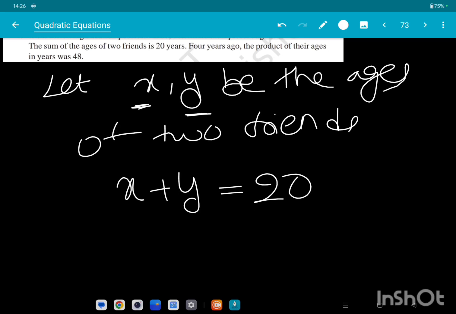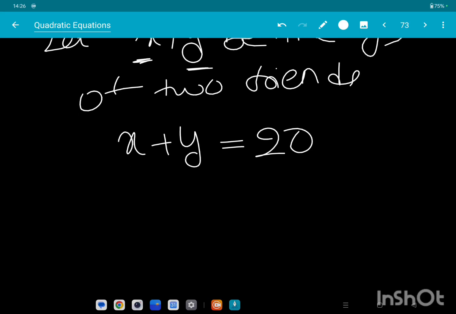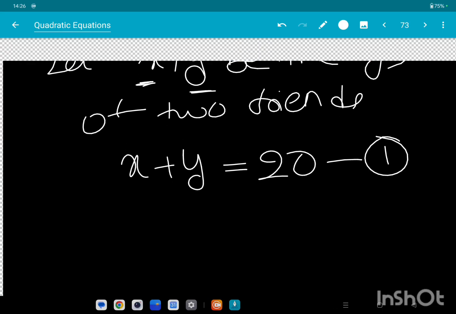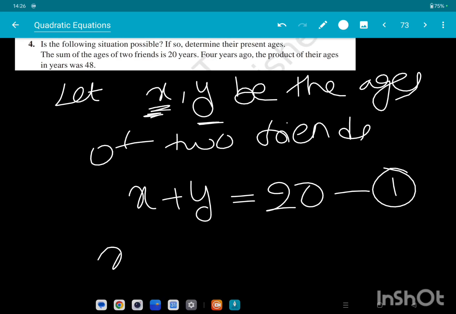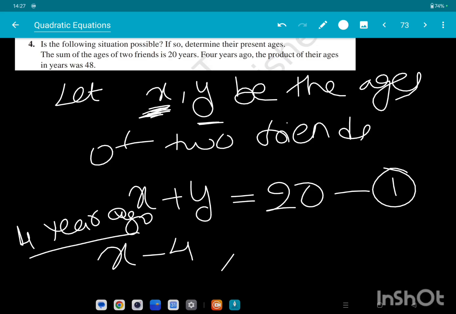Now 4 years ago, the product of their ages in years was 48. So let's say it is equation 1. Now 4 years ago, what is the age of x? It is x minus 4, right? And what is the age of the second person 4 years ago? y minus 4.